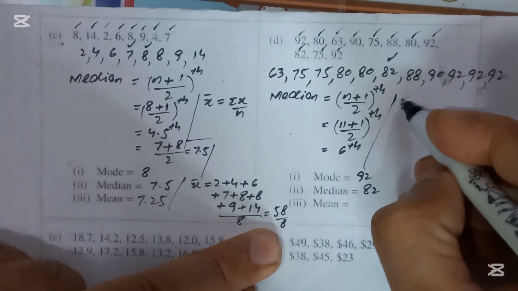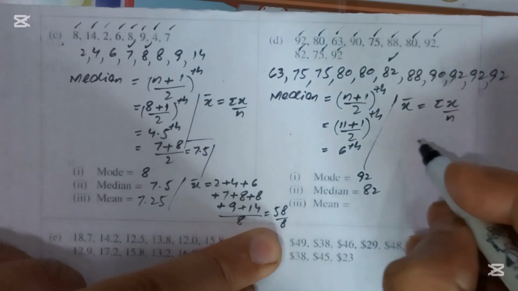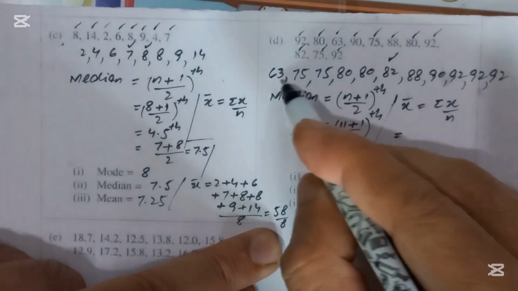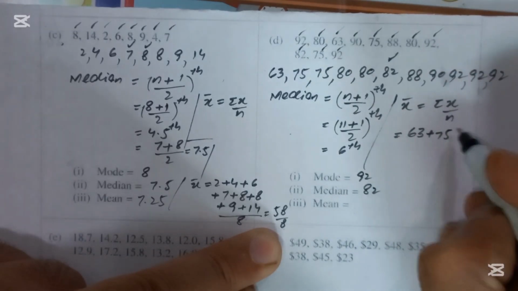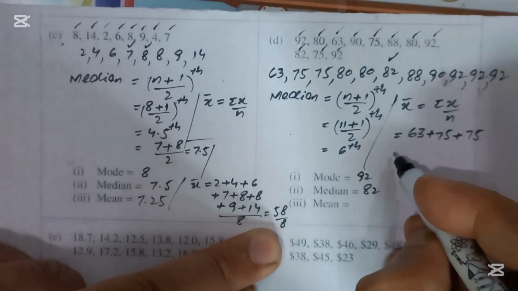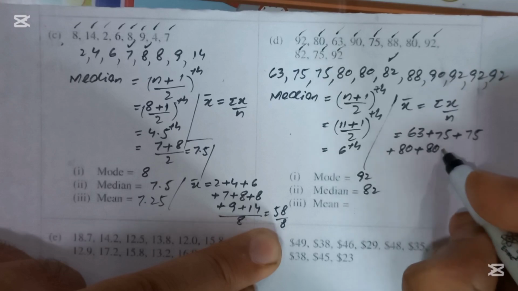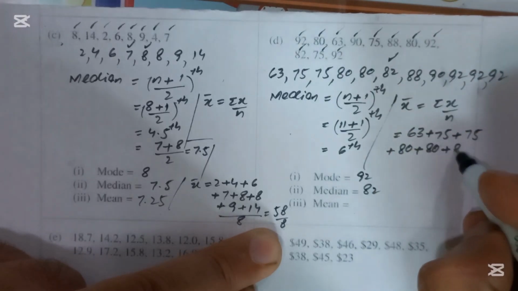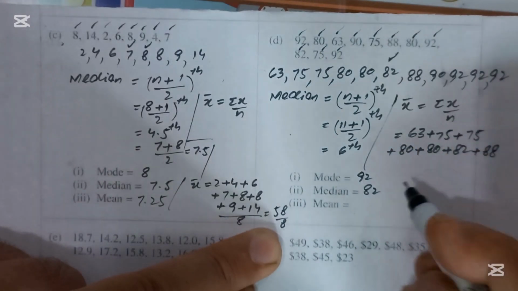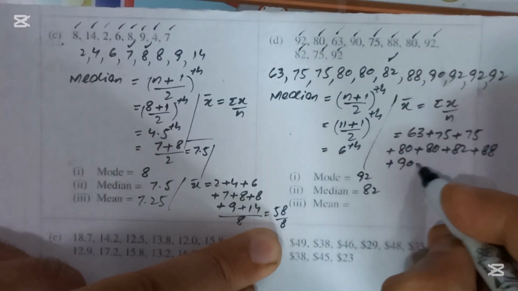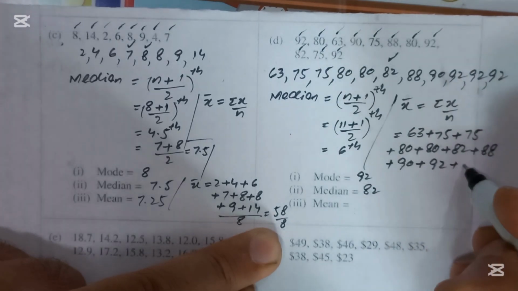So for mean, the formula used will be summation x over n. Summation x stands for the sum of the terms, that will be 63 plus 75 plus 75 plus 80 plus 80 plus 82 plus 88 plus 90 plus 92 plus 92 plus 92.